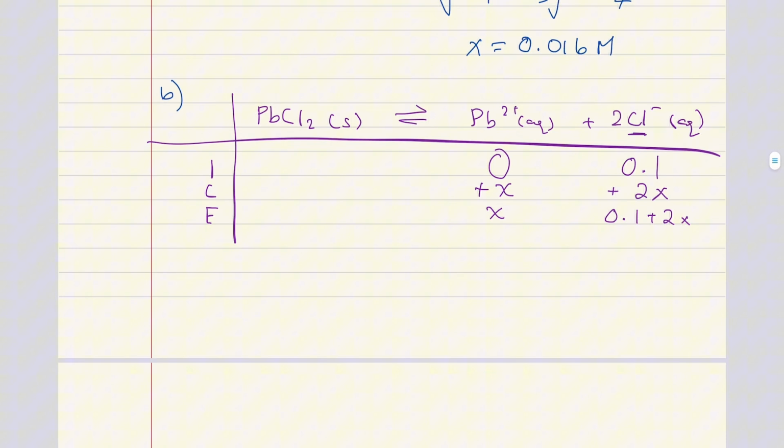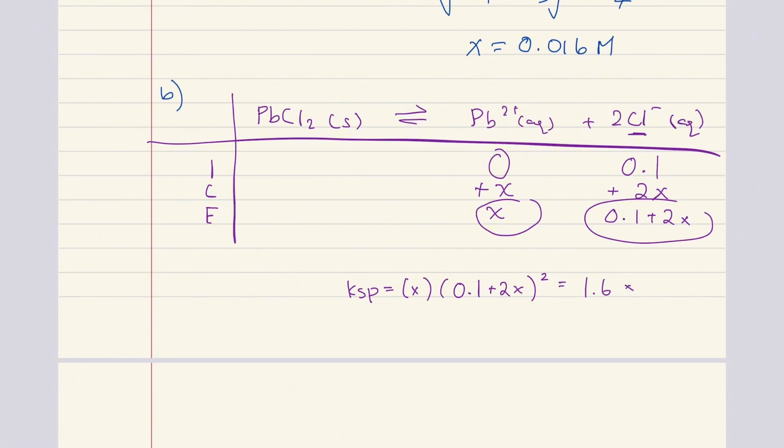We can go ahead and rewrite our KSP based off of our equilibrium concentrations. That's going to be X multiplied by (0.1 plus 2X) squared, and that's equal to 1.6 times 10 to the negative 5.